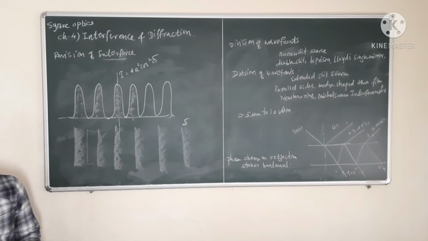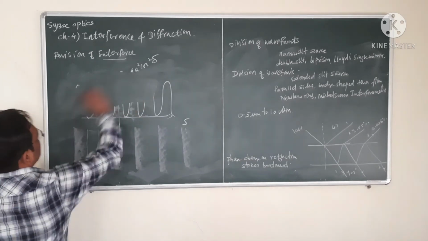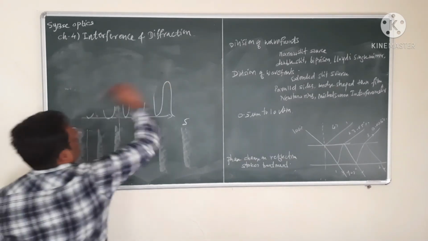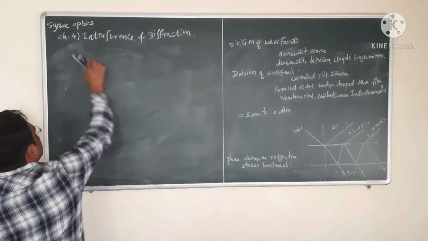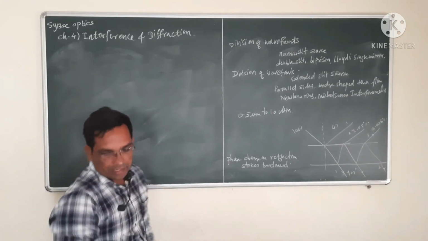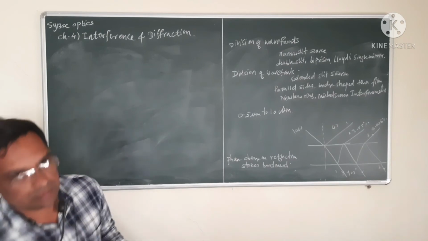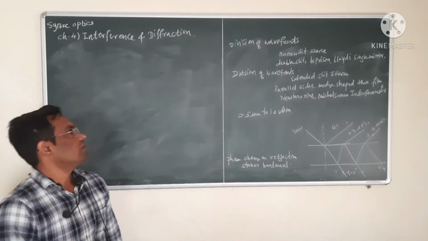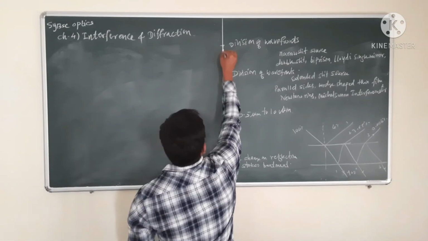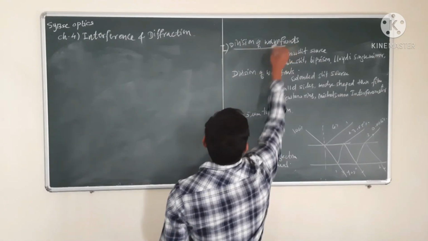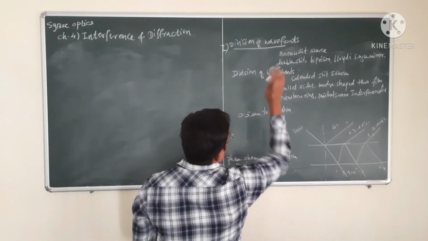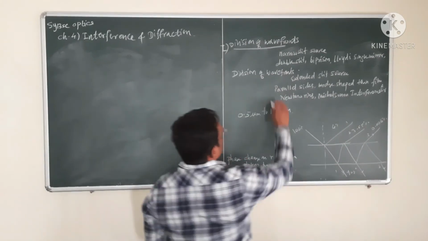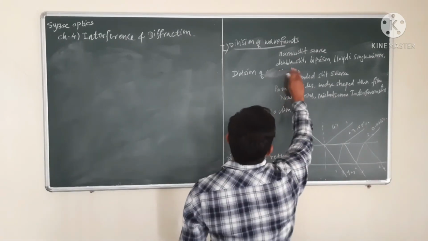With this, how to get an interference pattern, we will see in the next section. So interference can be obtained by two methods or two ways. The first one is division of wavefront, and the second one is division of amplitude.